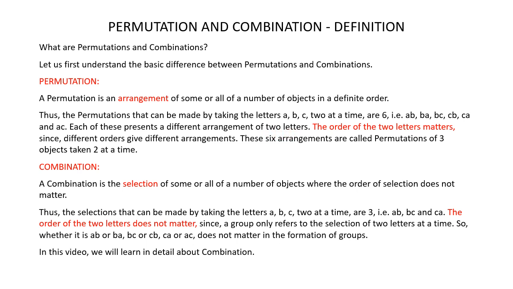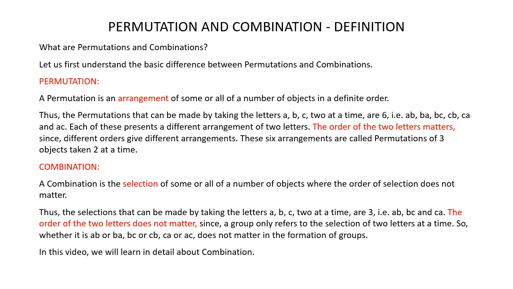Now each of these arrangements presents a different arrangement of the two letters. As you can see, AB is completely different from BA because in AB, A is in the first position, whereas in BA, B is in the first position. Similarly, BC is completely different from CB. Likewise, CA is completely different from AC.